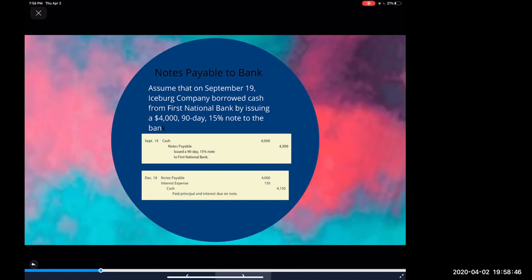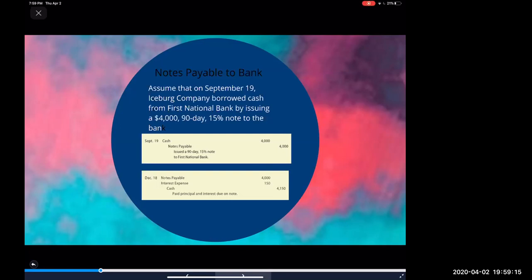So imagine when you originally get a loan from the bank, they give you the money right away. There's no interest initially involved in that transaction, right? If you go get a loan for $5,000, or in our case, $4,000, that's the amount you're going to get. Now, when this loan is due, that's when you pay back principal plus interest.